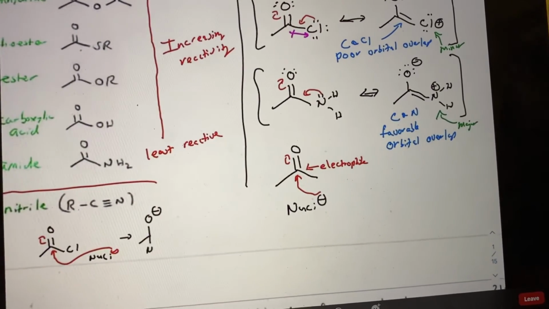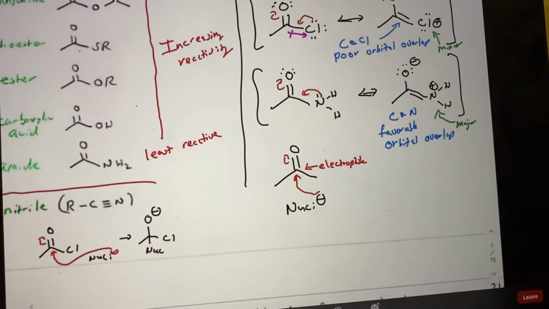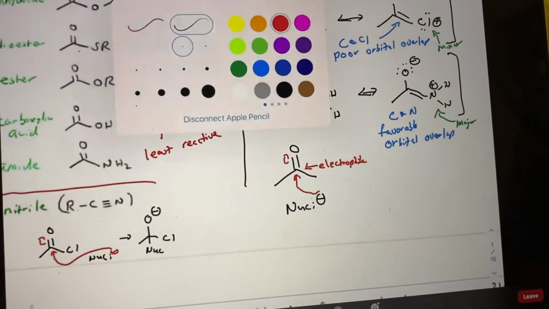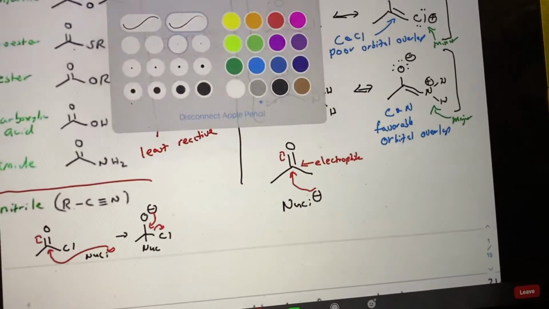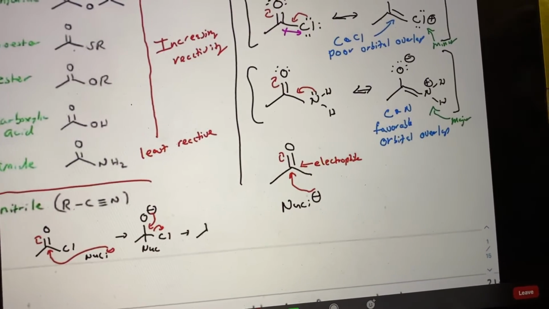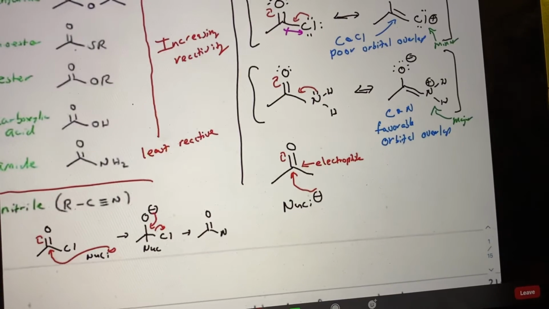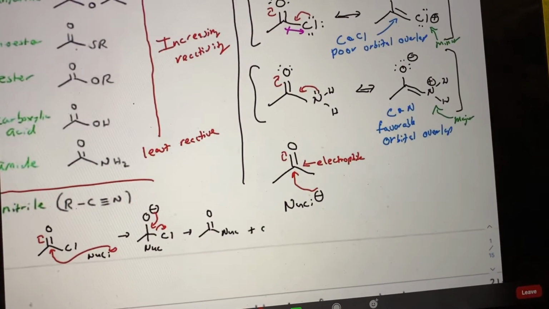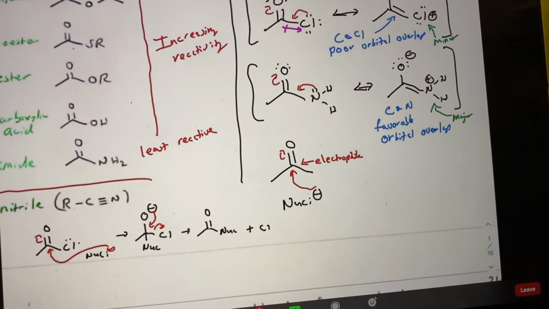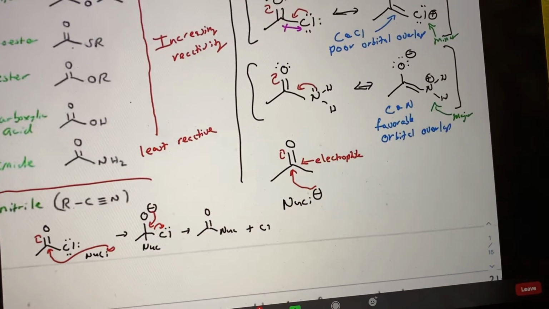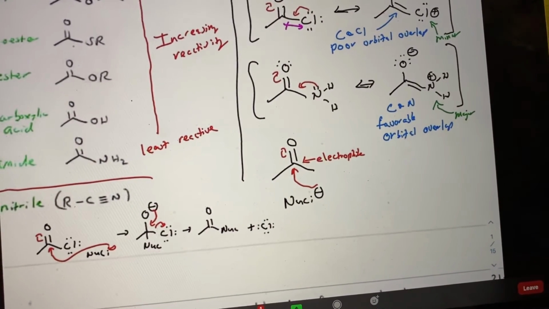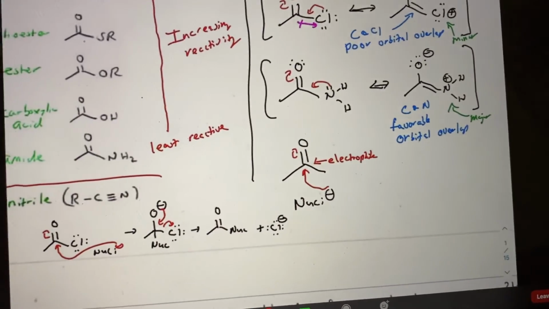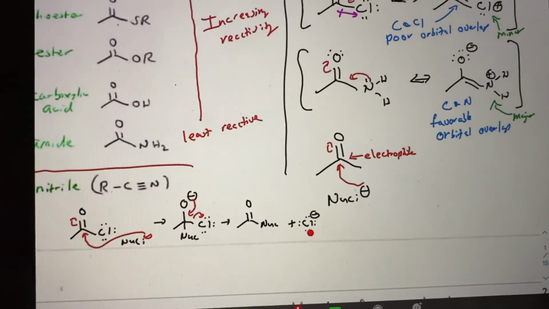Our generic mechanism. Chloride as a leaving group. Kick out the chloride, and we will reform this plus generated chloride. And we can put in all these lone pairs of electrons this time. So our leaving group here is going to be Cl minus.